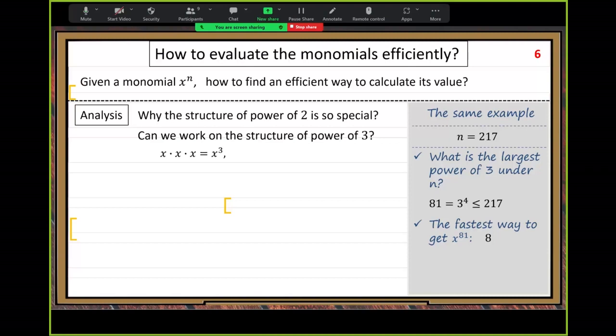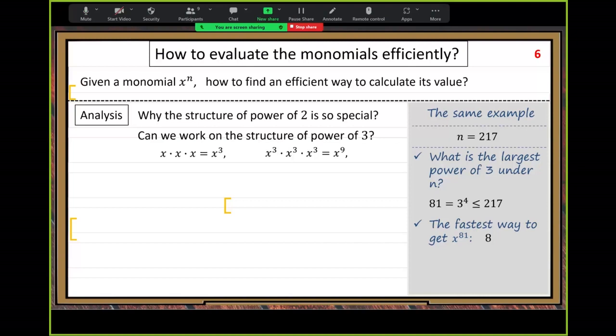First round, when we calculate x cubed, we need 2 multiplications: x times x times x. 2 multiplications to get x cubed. Second round, x cubed times x cubed times x cubed equals x to the 9th, 2 more multiplications.